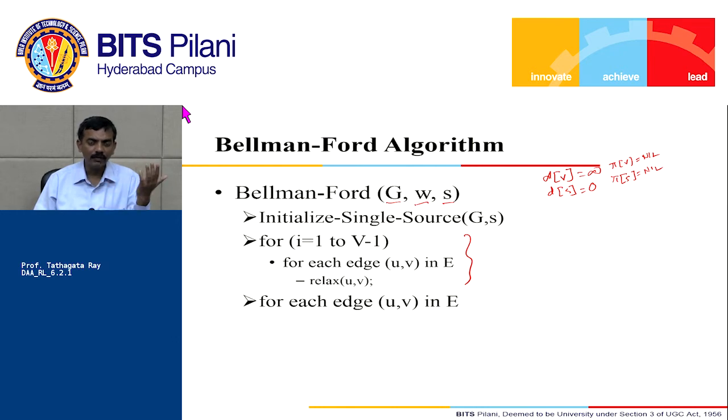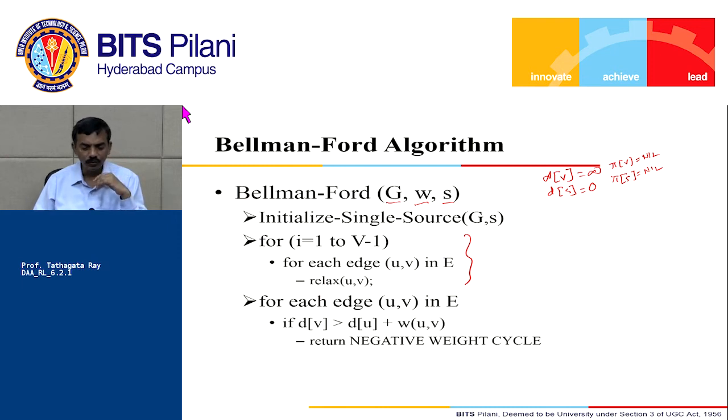Then again i will be incremented to the next value. You will relax all the edges in the graph. i will be incremented to the next value. All the edges in the graph will be relaxed, and so on. At the end, what you look at is, for every edge UV, if the condition dV is more than dU plus W(U,V) is satisfied, that means there is a negative weight cycle.